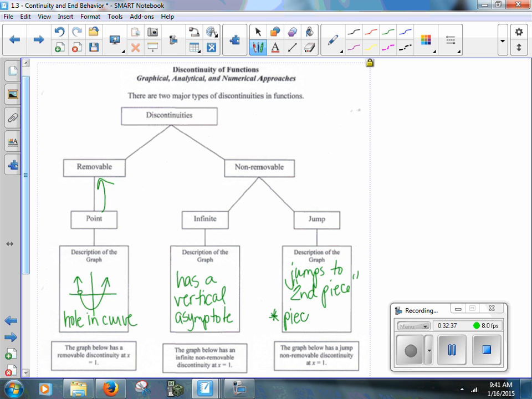And you need to put that it's a piecewise function. 99% of the time, if it's a piecewise function, it has jump discontinuity. 99% of the time. But what about that other 1% of the time? It may just have something called point. Okay? And I'll show you that here in just a second.